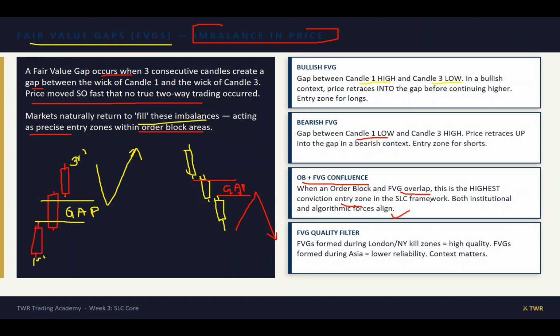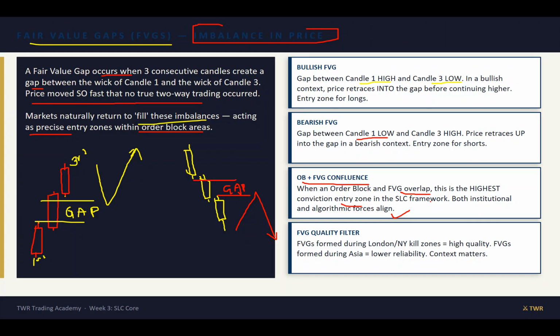So a fair value gap is also called an imbalance gap. They occur between three consecutive candles, creating a gap between the wicks of the first candle and the wicks of the third candle. Meaning price moved so fast through a zone that no true two-way trading occurred there.